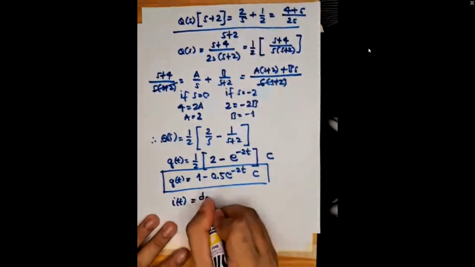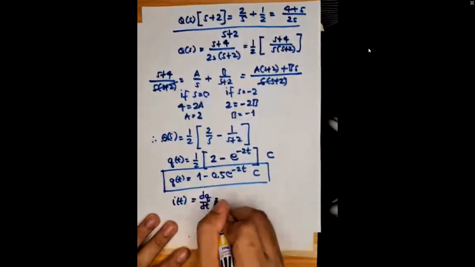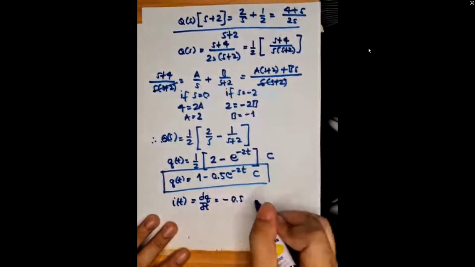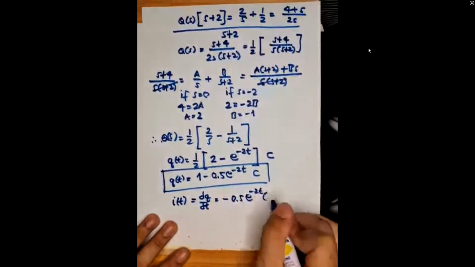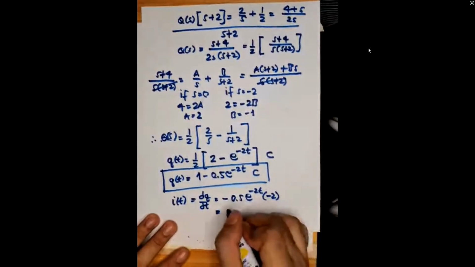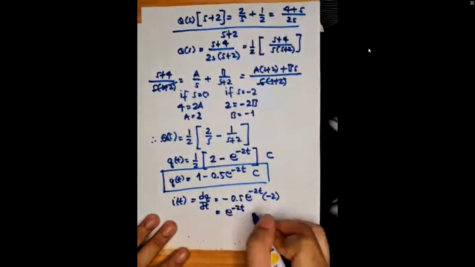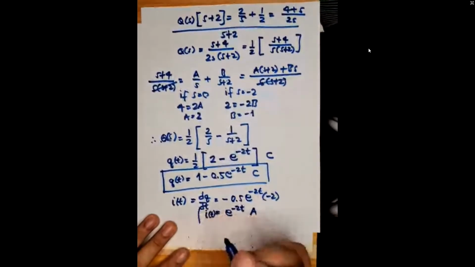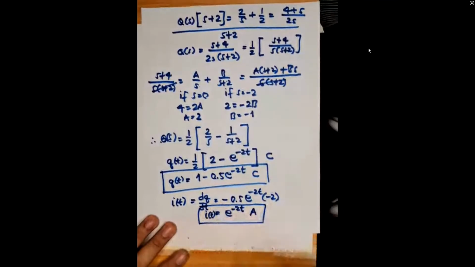So that's equal to dq over dt. So that's equal to, so this is 0. So that's negative 0.5 e raised to negative 2t times negative 2. So that's equal to, okay, it's just e raised to negative 2t ampere. Ayan.